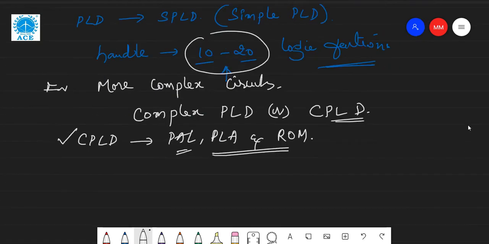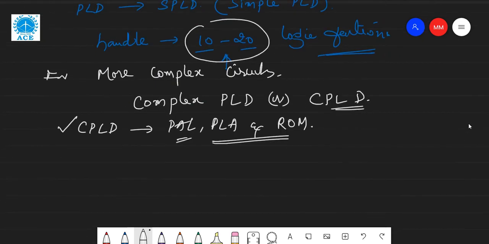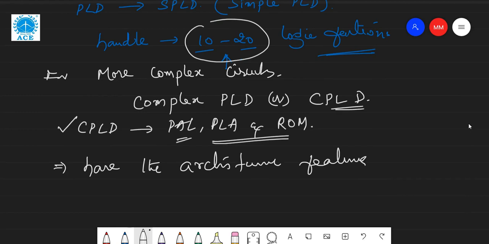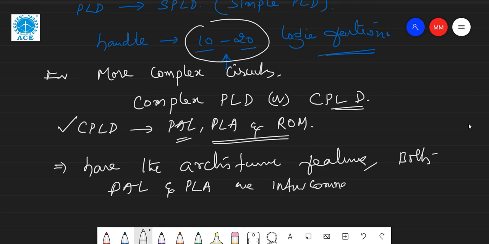So they are more complex, and have the architecture features of both PAL and PLA interconnected, right?